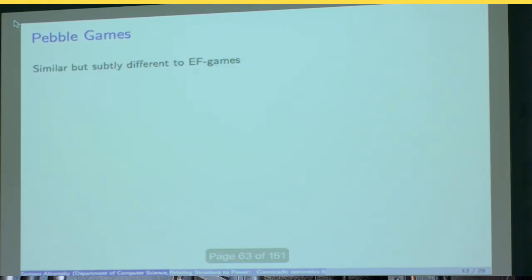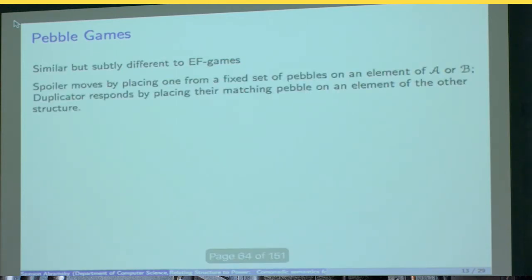Okay, let's briefly look at pebble games. They're similar but subtly different to Ehrenfeucht-Fraïssé games. So as we were saying, in this case, each of spoiler and duplicator has a fixed store of pebbles, sort of glass bead game or something.